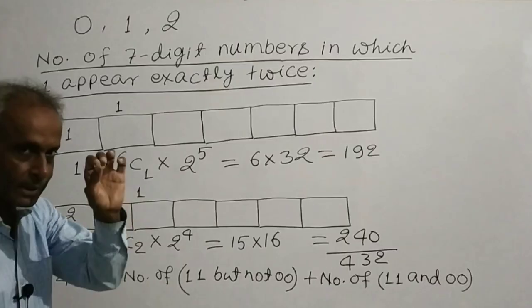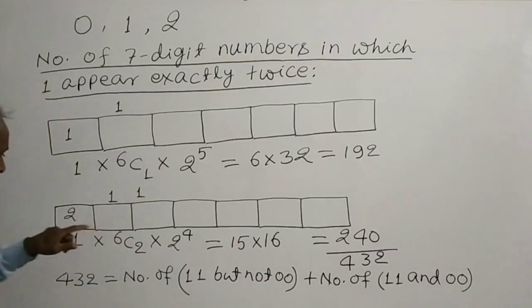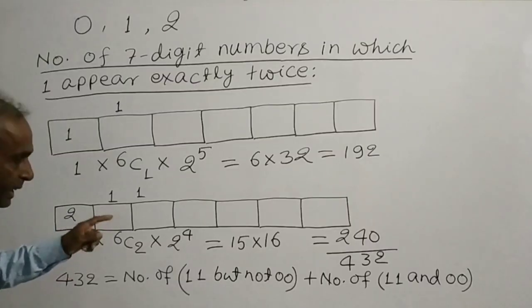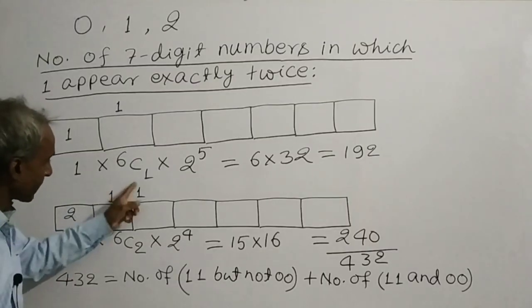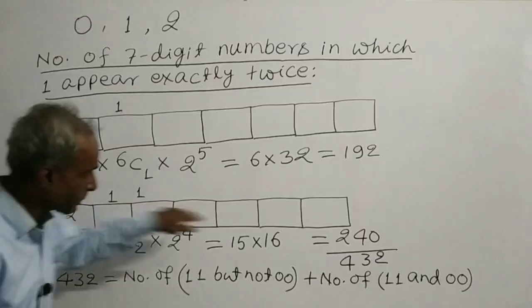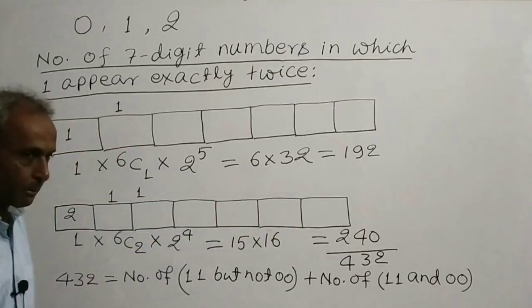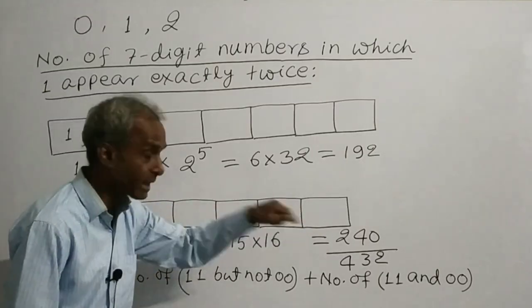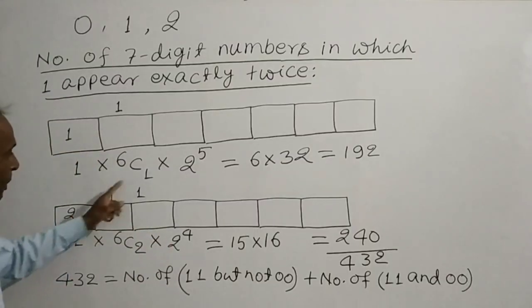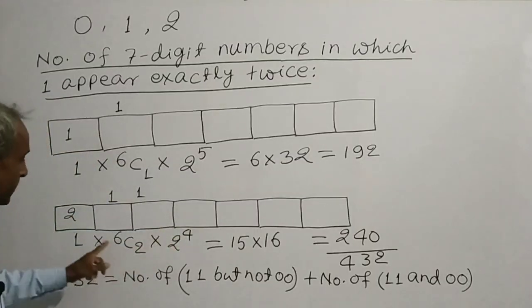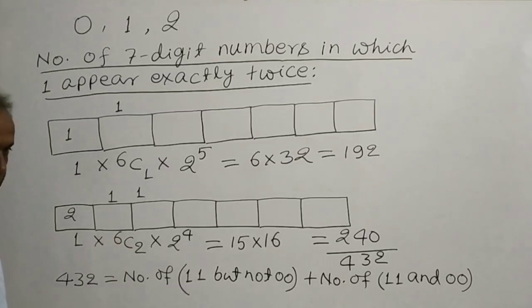There will also be some numbers in which the first place is filled by 2. If we fill the first place by 2, the number of ways to fill this place is 1. Now exactly two 1s will appear in this 7-digit number. Out of these 6 vacant places, 2 places for the two 1s can be selected in 6C2 ways.